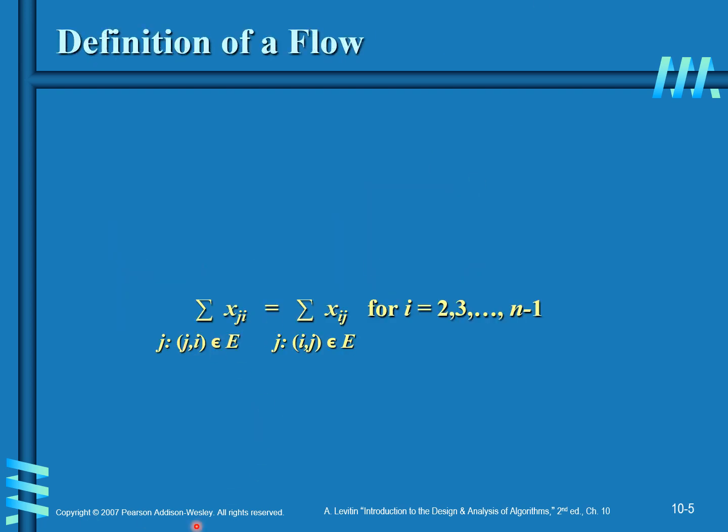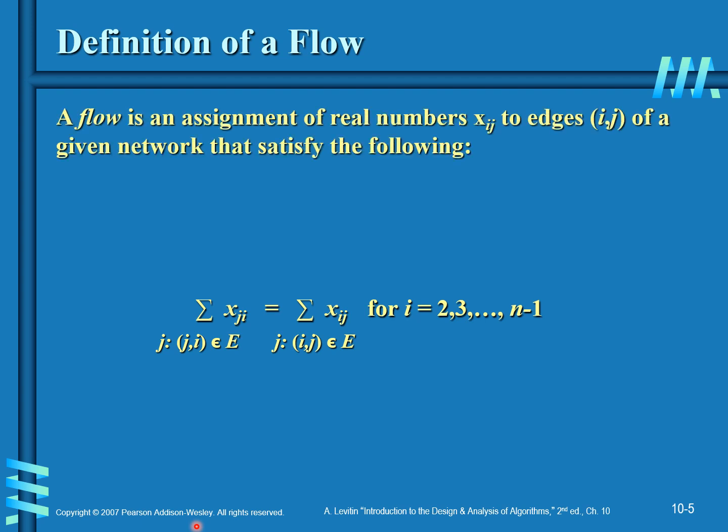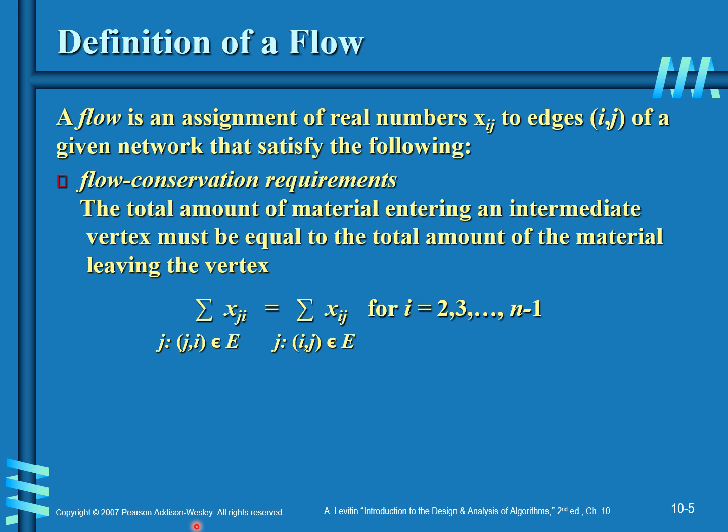Definition of a flow. Flow is an assignment of real numbers xij to edges ij of a given network that satisfy the following. You are assigning some real number on that edge i,j, which we call xij. There are some constraints on that flow. It has to satisfy flow conservation requirements. What are the flow conservation requirements?